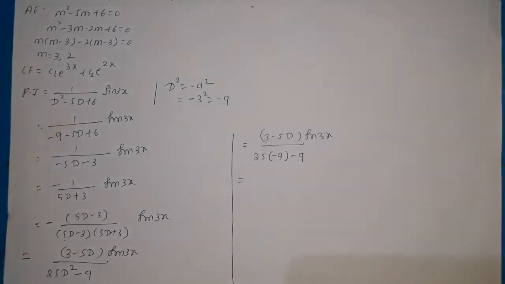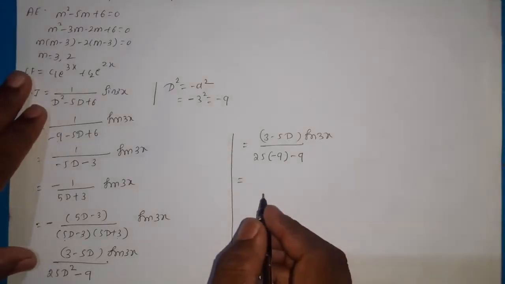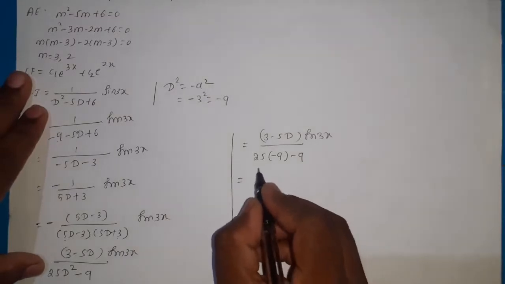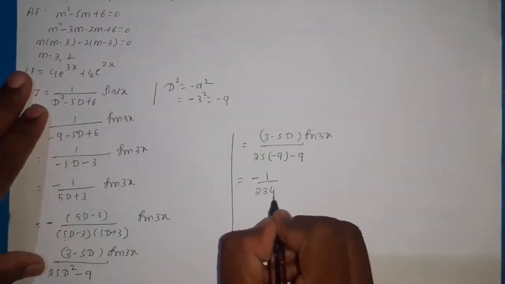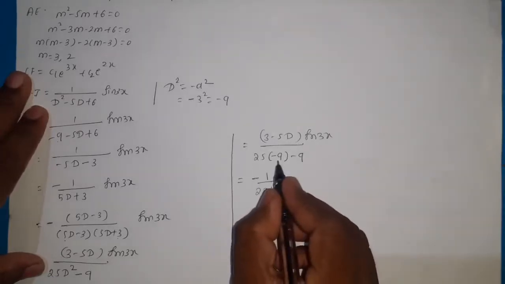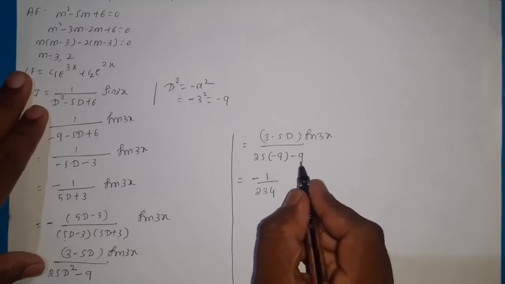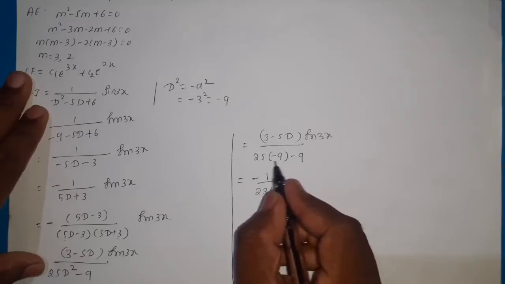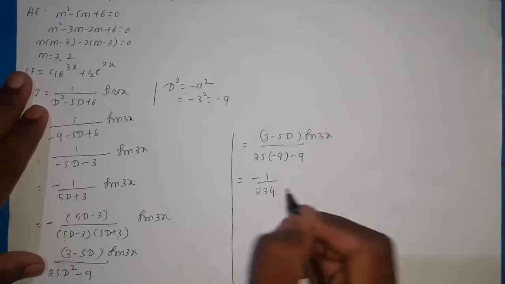So here the denominator becomes 25(-9) - 9, that will give the sum as -1 divided by 234. 25 into 9 is 225, then -9 is there, both are negative, so their sum is -234.